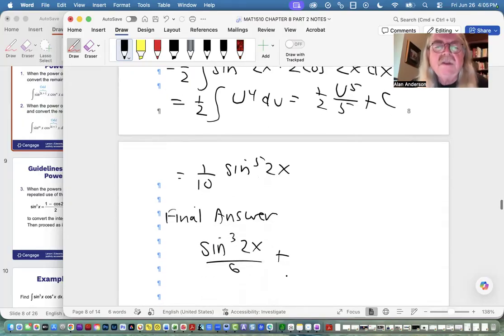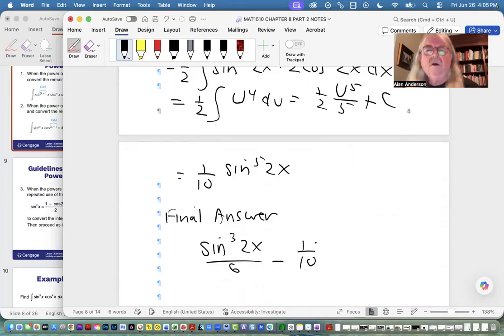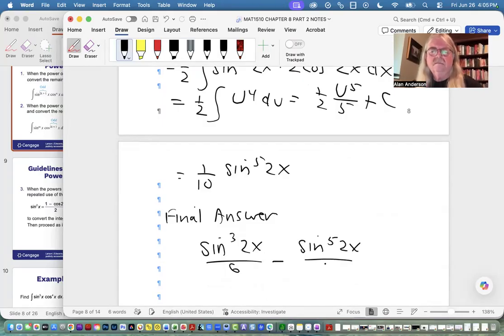And then we'll add this one. Actually, we're subtracting. Remember that one is being subtracted from the other. Or I can write it like this. And of course, don't forget the C.